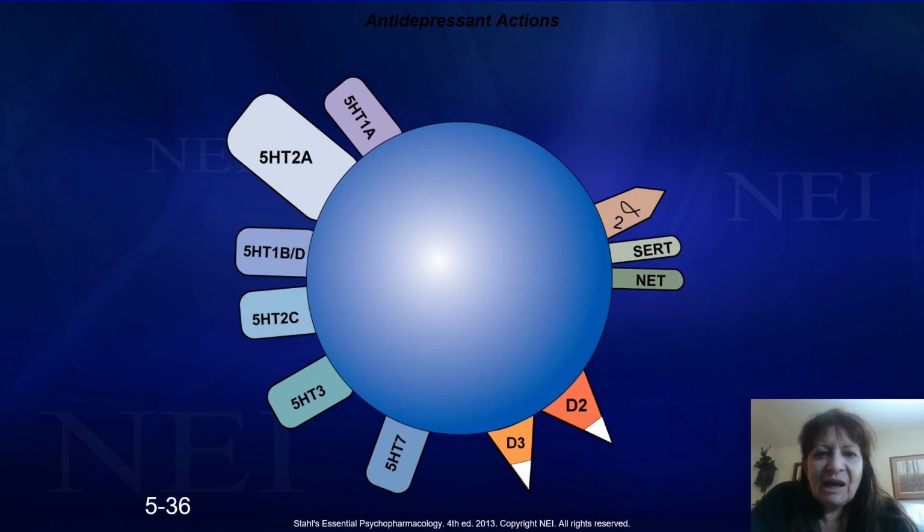Here we're looking at the possibility of antidepressant actions by an atypical antipsychotic, and you can see that the partial agonists have an effect on the receptors 1A, 2A, 1B/1D, 2C, 3, and 7, and that makes them very likely to be able to help with depression.